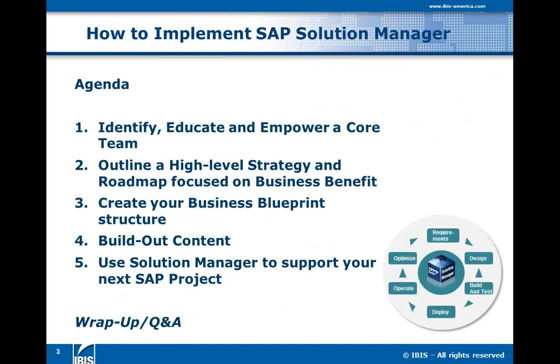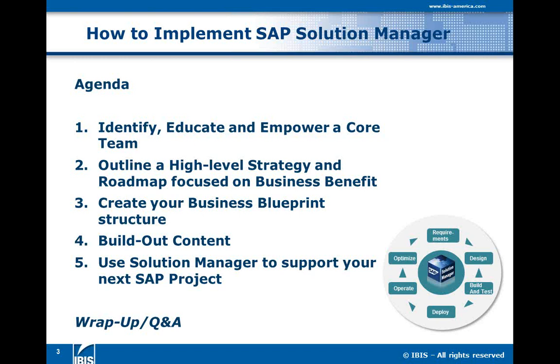Our agenda for today is outlined in the steps that we believe you need to take in order to be successful at adopting the platform within your organization, and that is to identify, educate, and empower a team, outline a high-level strategy and roadmap that focuses on the business benefit of the platform. And then once you get to those, you need to create what's called a business blueprint structure, and we'll show you what that is and the options for creating it.